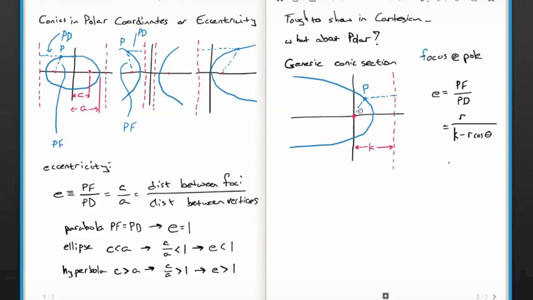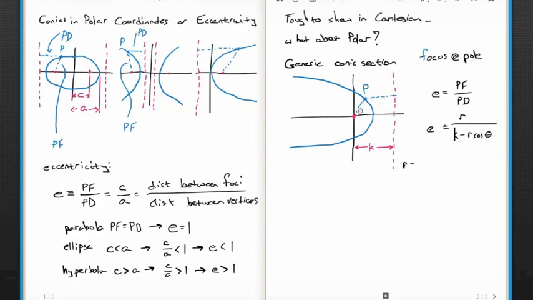Down here, I'm going to expand on this a little bit. This is e. So then e becomes, well, no, what do I want to solve for? Sorry about that. I'm trying to look at my notes, which are on the other side of my desk. I want to solve for r, because r is really what we're usually interested in.